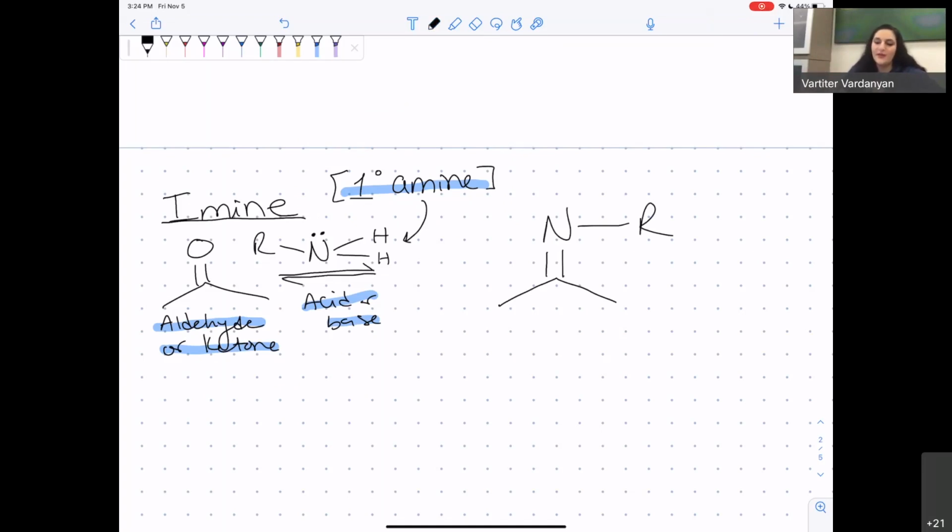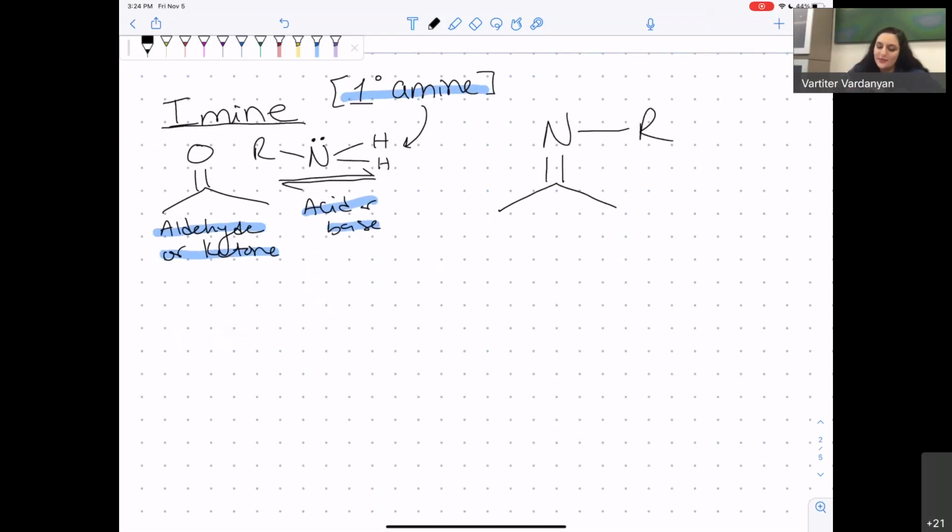Now the next one that's pretty similar is called the enamine reaction. The enamine sounds kind of similar to the imine, and that's because it is kind of similar.